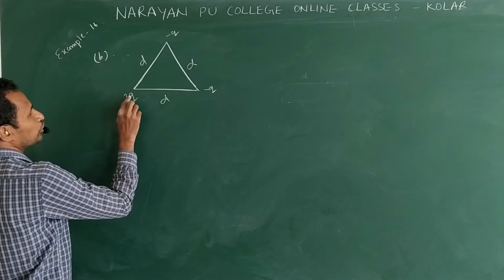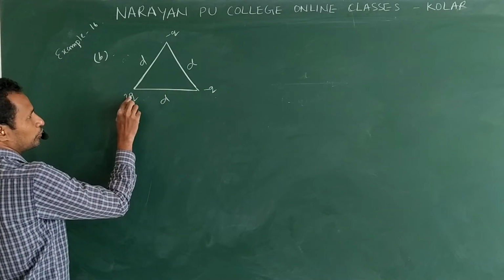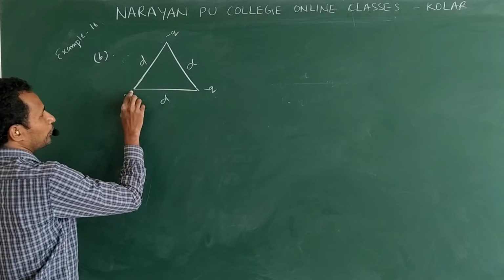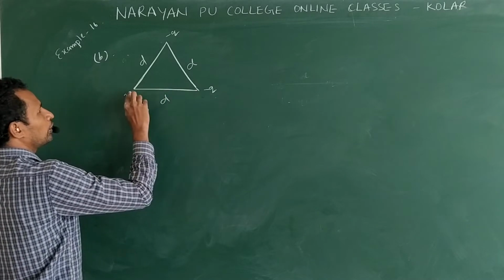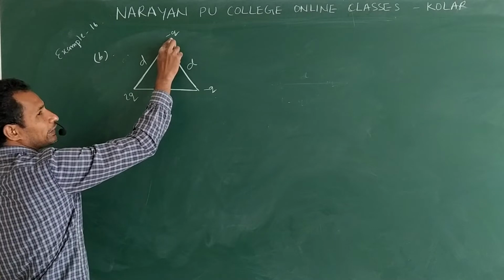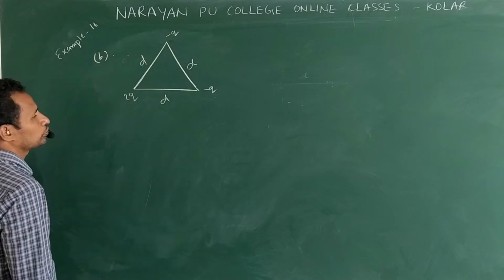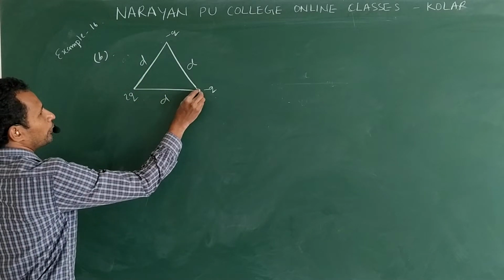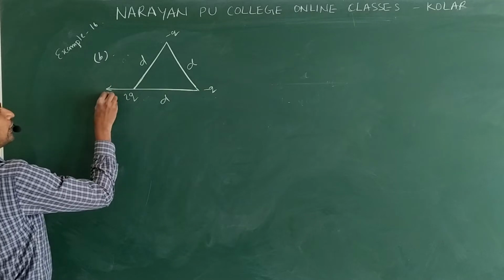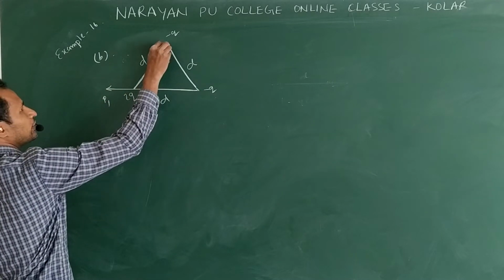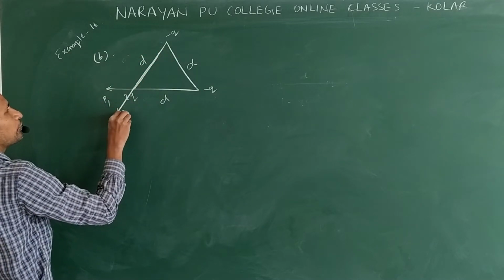Again, in this 2q, one charge acts like a positive q. And this plus q and minus q act as one dipole, and another plus q and minus q act as another dipole. Now, let us say this dipole moment acts in this direction, P1, and this dipole moment acts like this, P2.